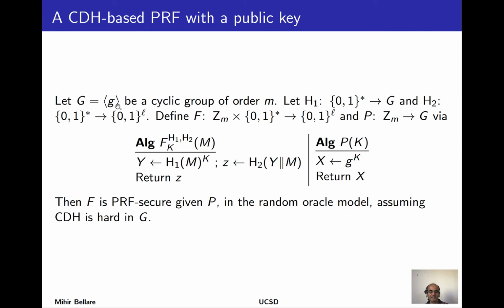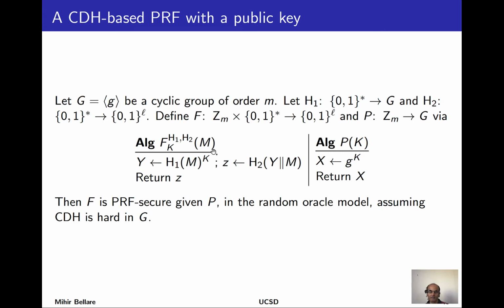We fix a cyclic group G. We let m be its order and little g be a generator. We'll have one hash function whose range is the group, and another whose range is the set of strings of some length L. Our PRF has a key space which is Z_m, which means the key k is an exponent. It takes an input of arbitrary length and it has an L-bit output.